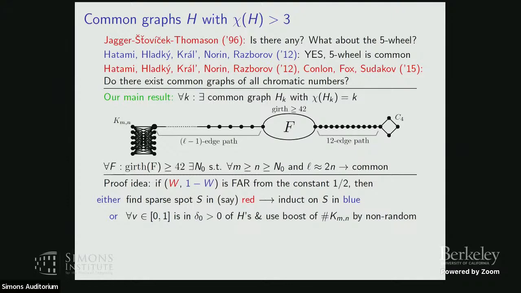And in this second case, on every vertex we have some positive fraction of copies of H, and also so far we haven't used that the graphons W and 1 minus W are far from the constant graphon, but now is the time to use it. So K_{M,N} is a Sidorenko graph. So in particular, both in red and in blue, we see at least as many copies of K_{M,N} as we would see in the random one.